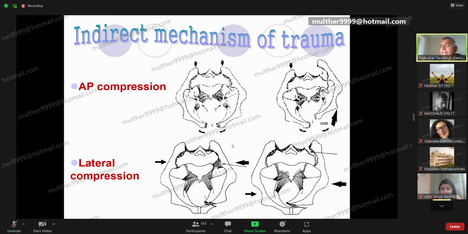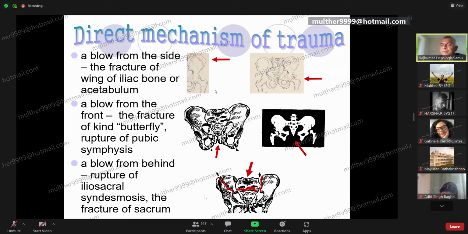Next we have the indirect mechanism. What is this indirect mechanism? The patient can have lateral compression, so the pelvis is compressed laterally on the sides, or the patient can have anteroposterior compression. Anteroposterior compression or lateral compression is a form of indirect mechanism of trauma. So when the patient has lateral compression, what happened?